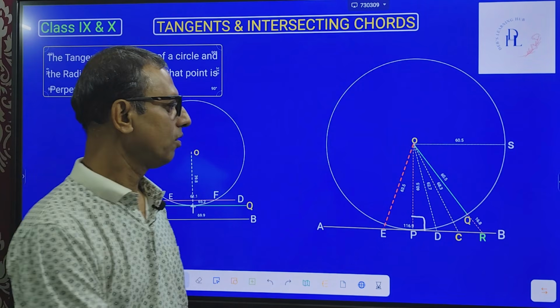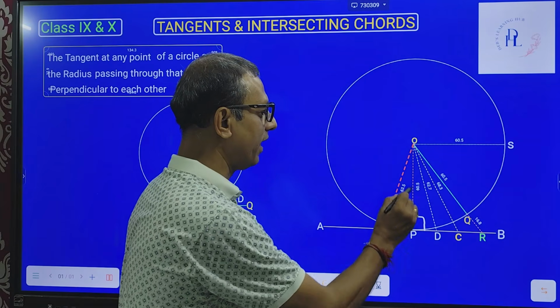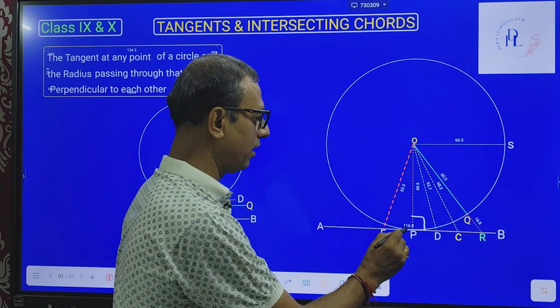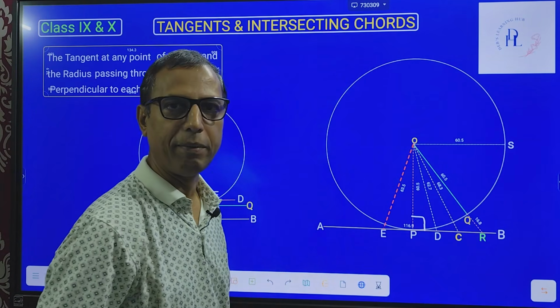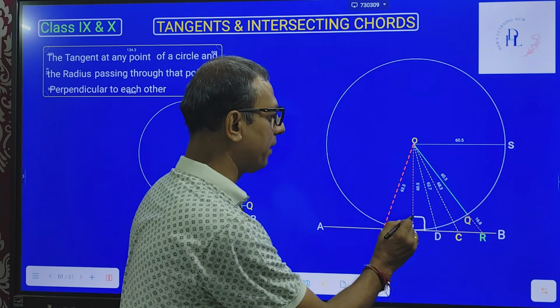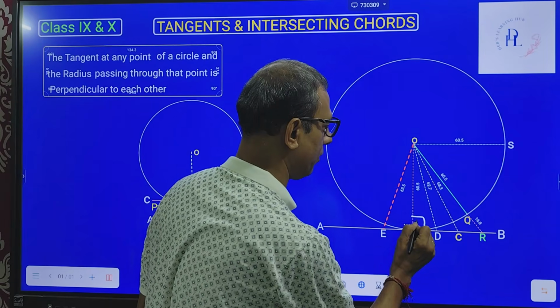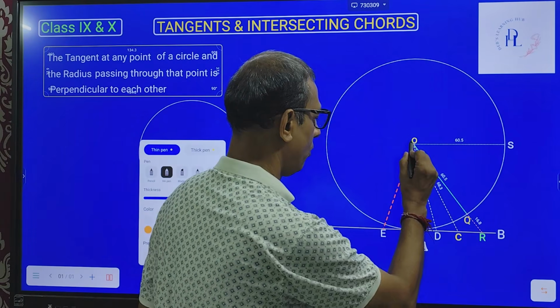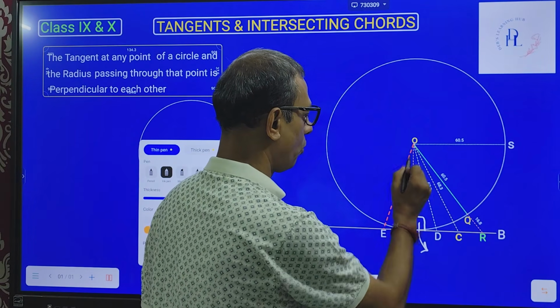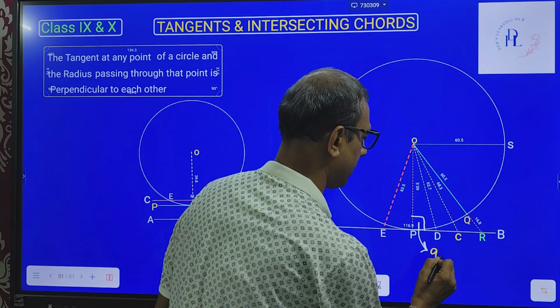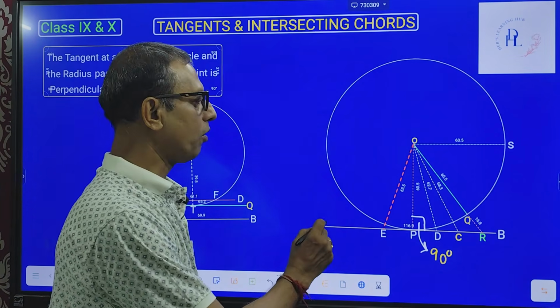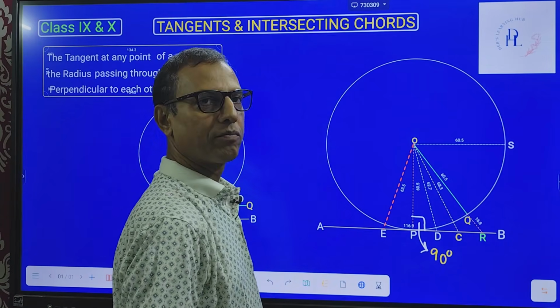Next point is why the angle between this radius OP and this tangent line AB, why this angle OPB is 90 degrees. So now look into this diagram carefully.